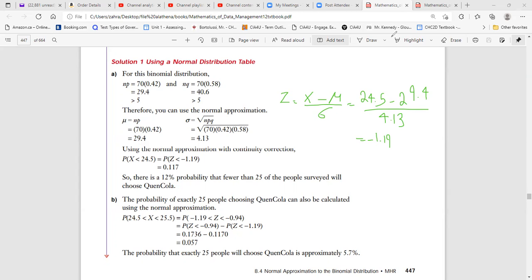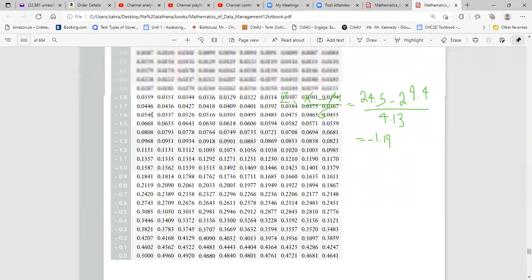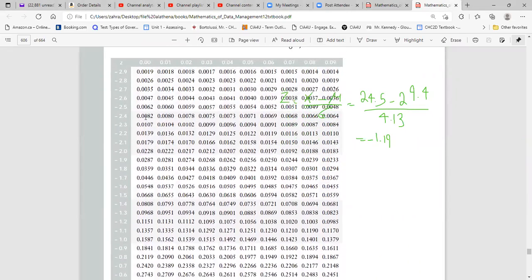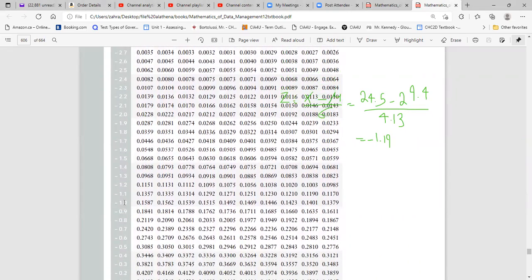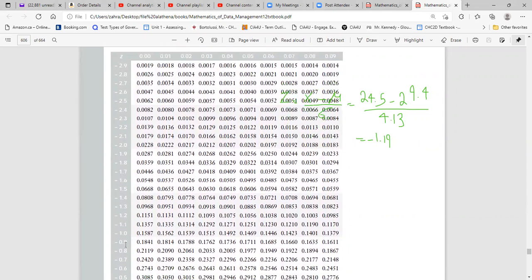You look at the table for negative 1.19. So we go to the negative values. 1.1 is here, and now you go to the 9. This is my last digit, 9. So for negative 1.19, that would be the number 0.117.